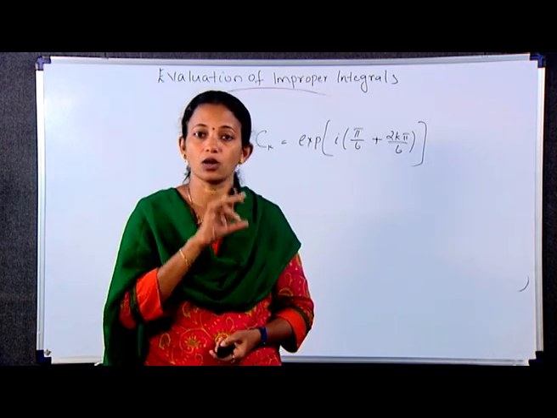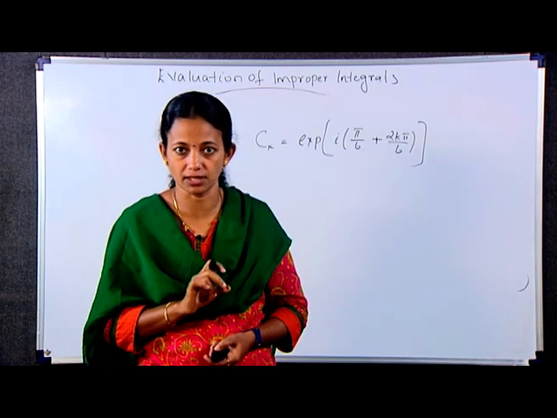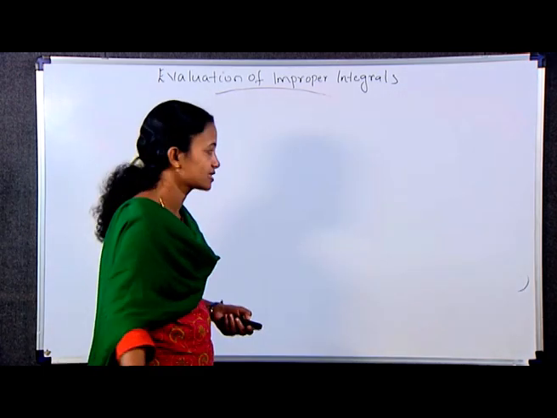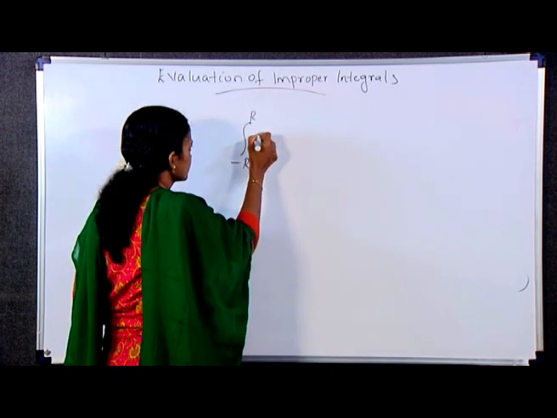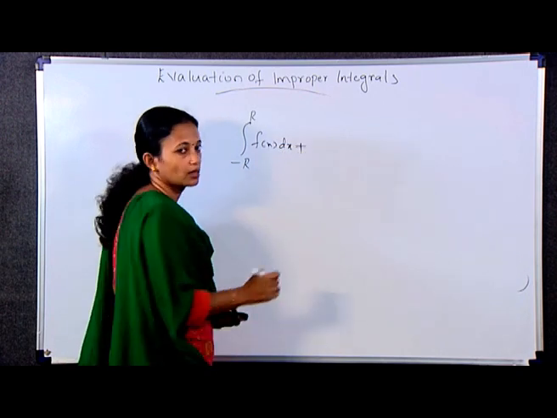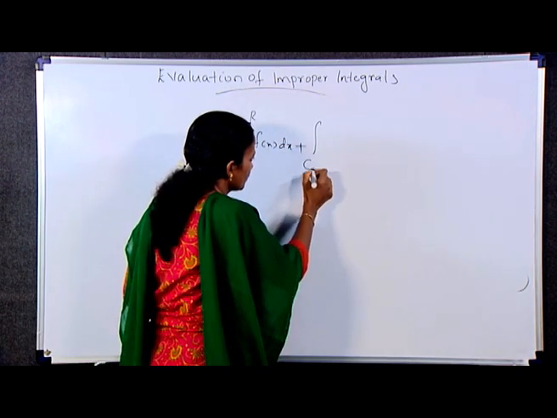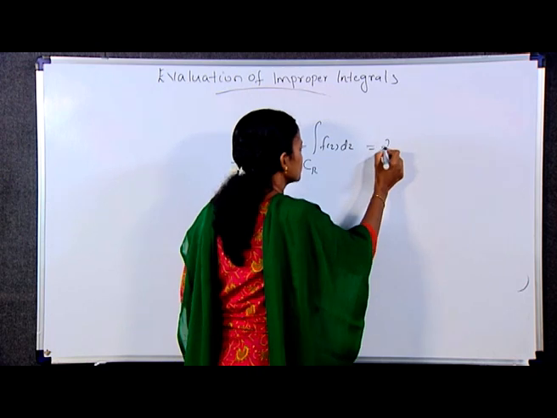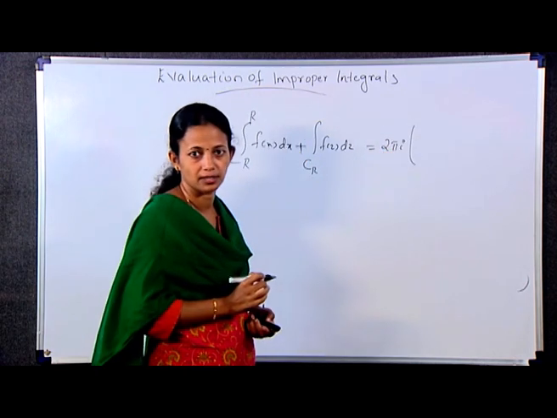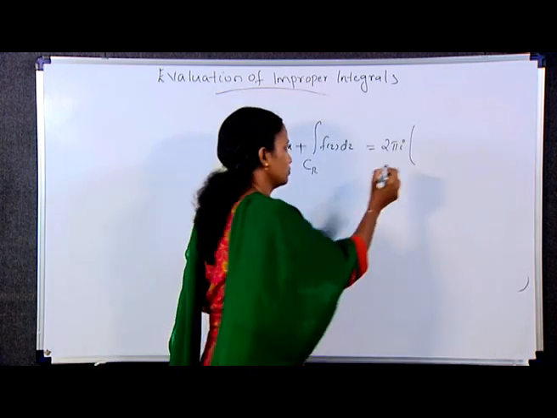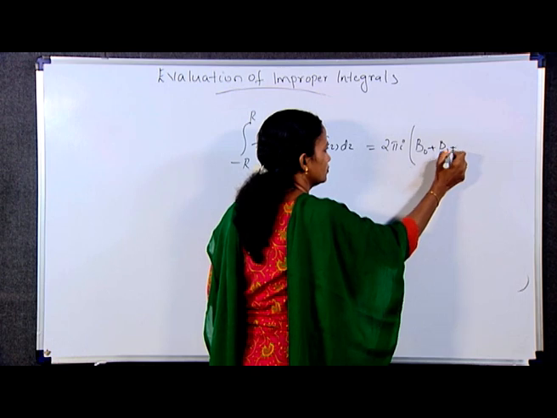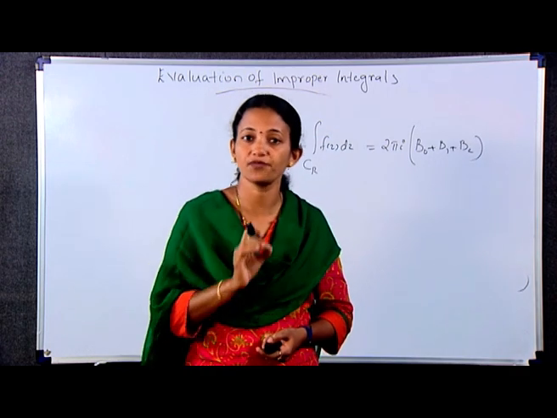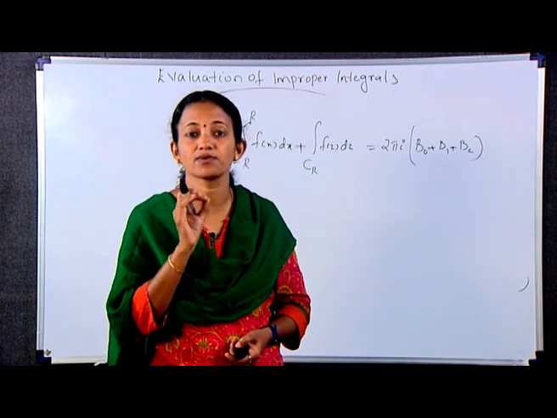Integrating f z counterclockwise around the boundary of the semicircular region, we see that integral from minus r to r f x dx plus integral over CR f z dz is equal to 2 pi I times B0 plus B1 plus B2, where Bk is the residue of f z at Ck, where k varies from 0, 1, 2.